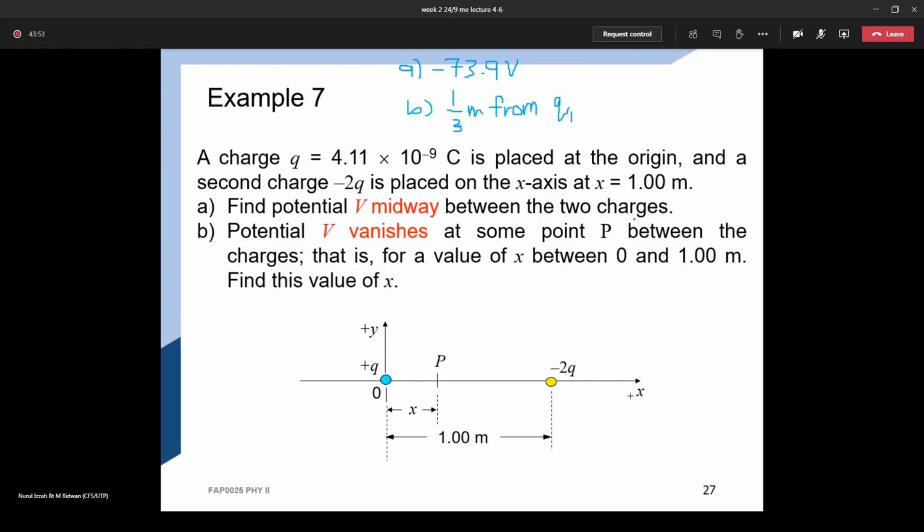So what you are going to calculate is the V in the midway, and the point where V vanishes, which should be equal to 0. So how do you calculate this?